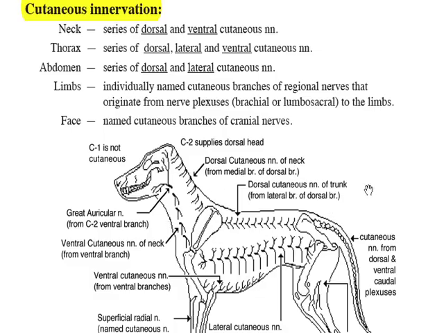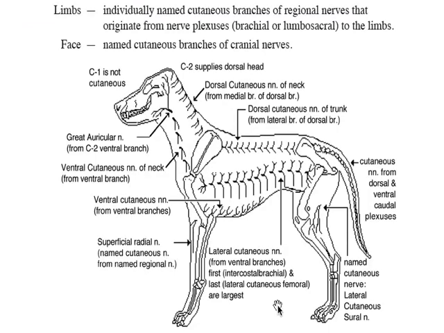This cartoon shows how the skin is innervated in the face, neck, trunk, and limbs. From a surface viewpoint, the neck is supplied by a series of dorsal and ventral cutaneous nerves from, respectively, dorsal branches and ventral branches of cervical spinal nerves.